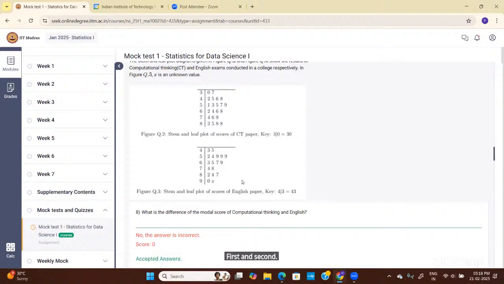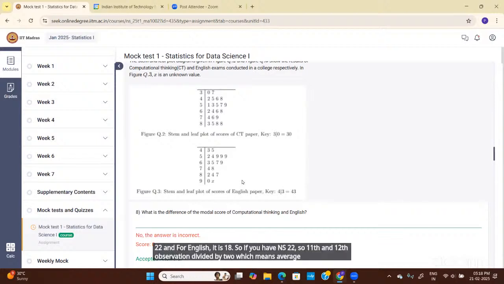For the first it is 22, and for English it is 18. If we have n as 22, then the average of the 11th and 12th observations will be your median.